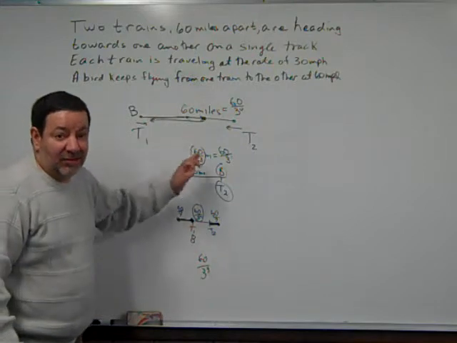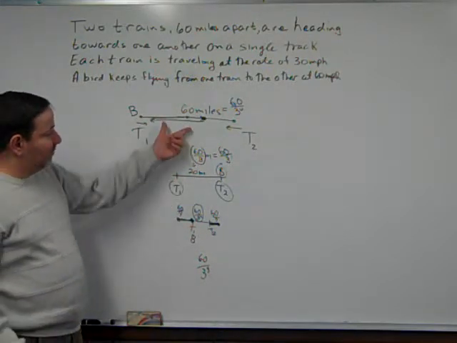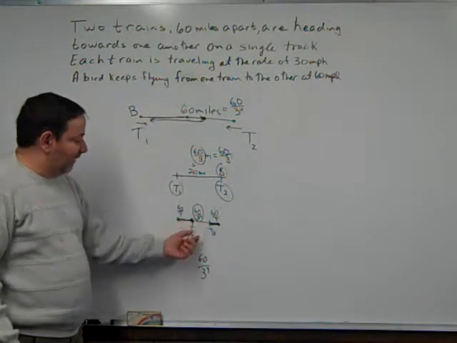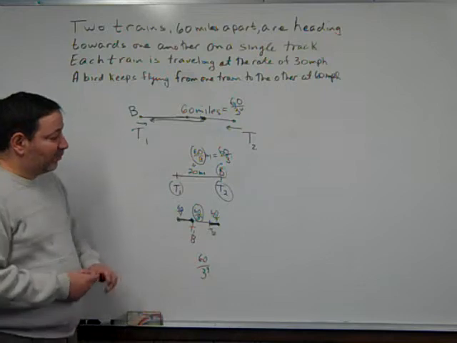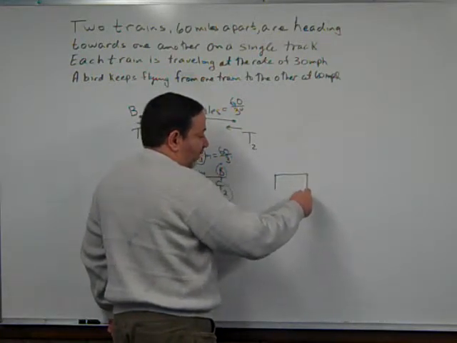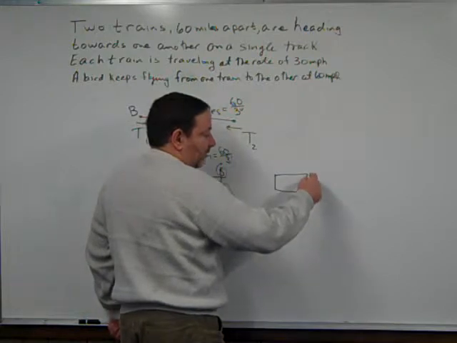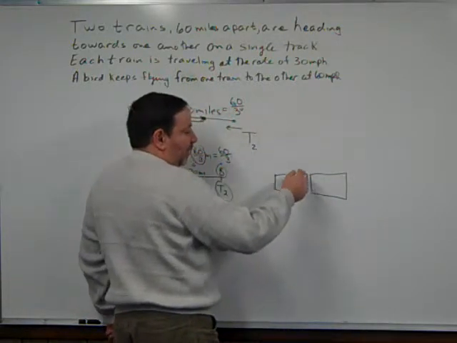It never stops. The other thing is, as you can see, this distance between the trains is getting smaller and smaller and smaller. Now, if this is one train and this is another train, you may say, wait a minute.